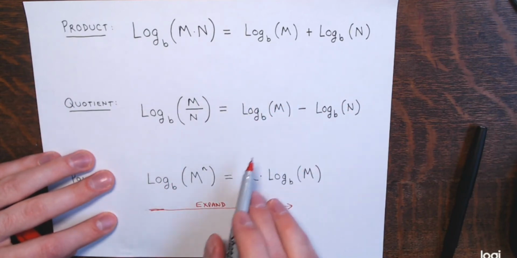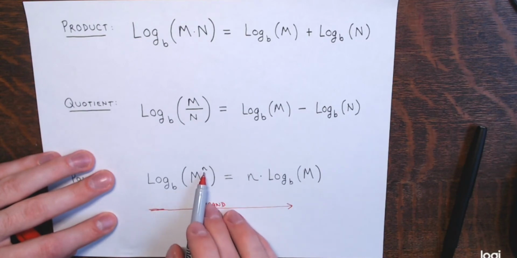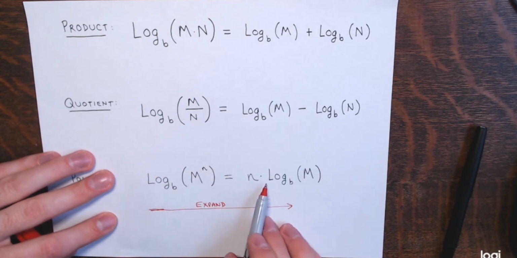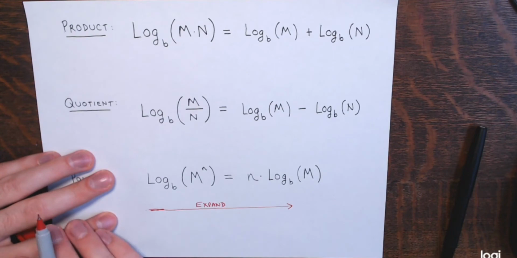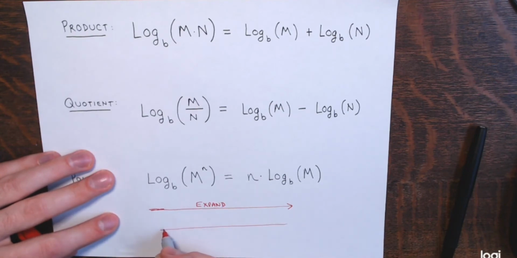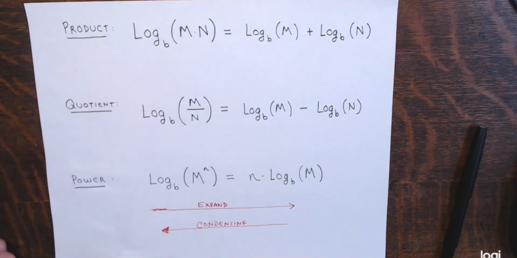Looking at the log of a power and pulling that power out to make it a product. That was expanding. This video we're just going backwards. Going in the other direction is condensing, or writing as a single logarithm.